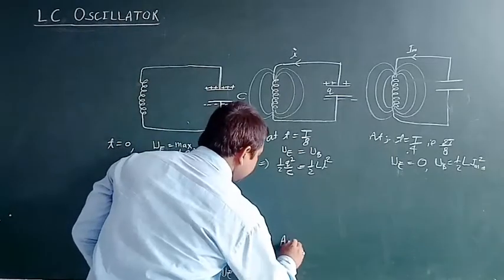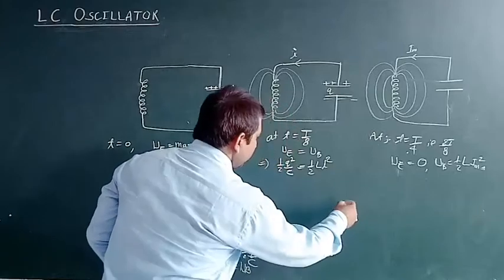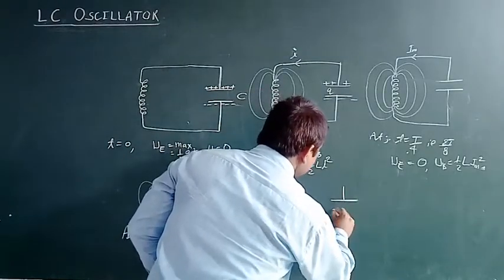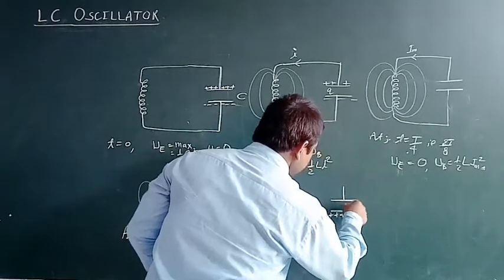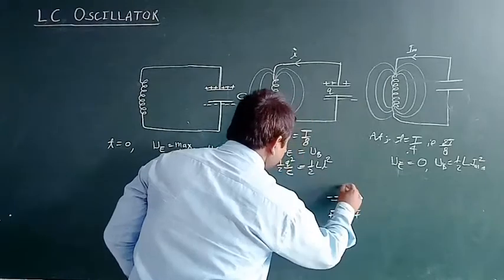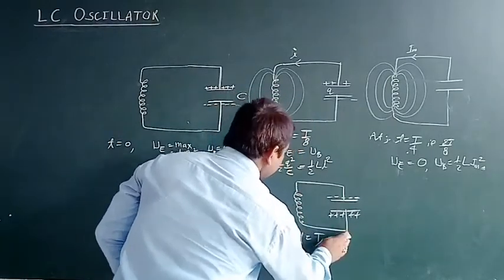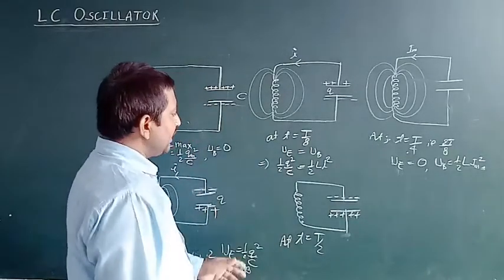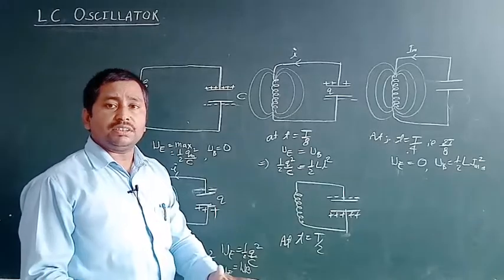So at t equal to T by 2, what will happen? The capacitor is fully charged again, with the positive charge on the lower side and the negative charge on the upper side, and the total energy of the inductor leaks down and the capacitor becomes fully charged.